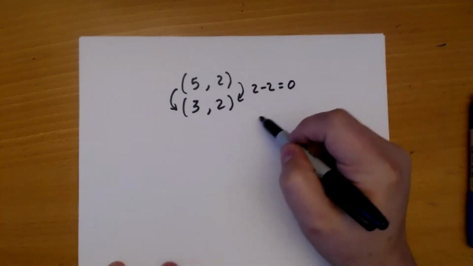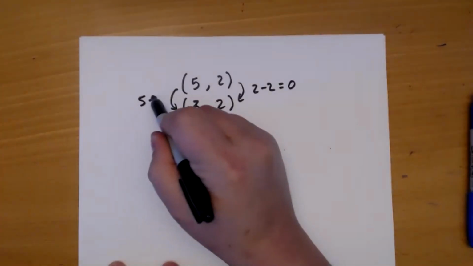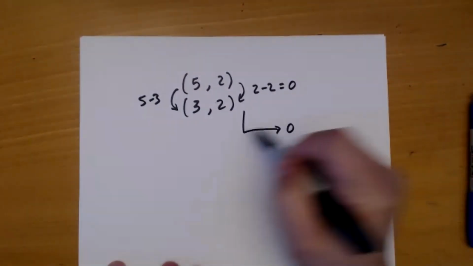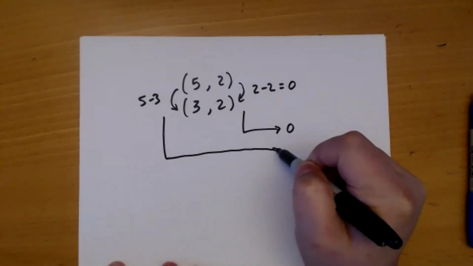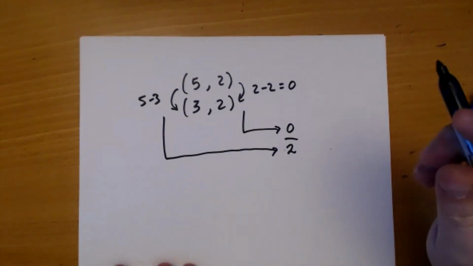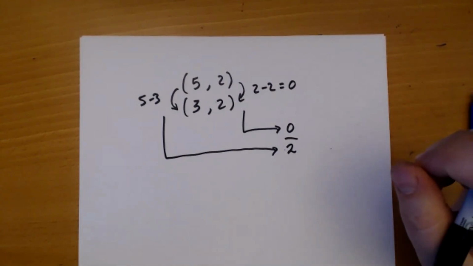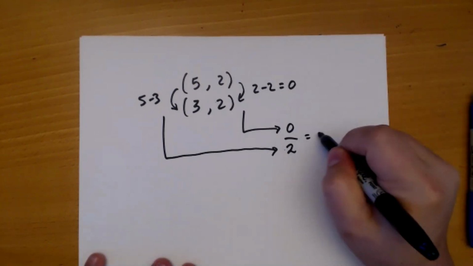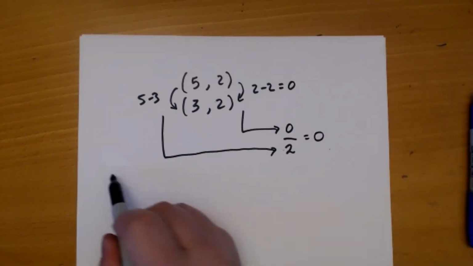Thank you, Kimberly. 5 minus 3? 2. Thank you, Kimberly. What is 0 divided by 2? You can use Desmos for this one if you need to. 0. Good.